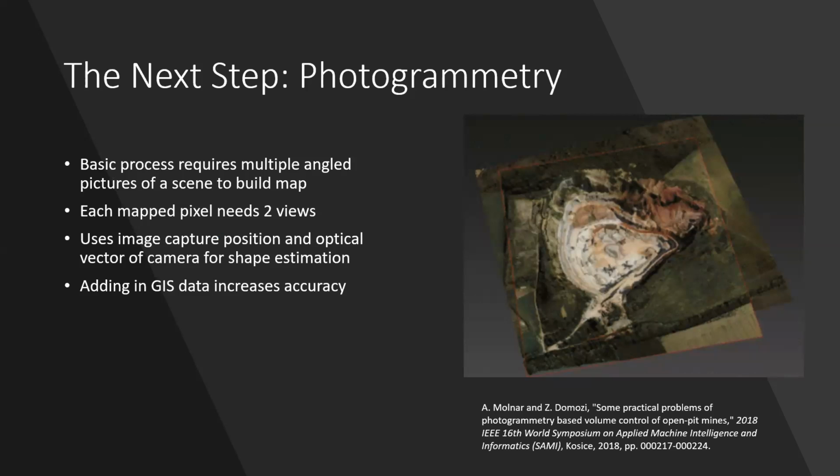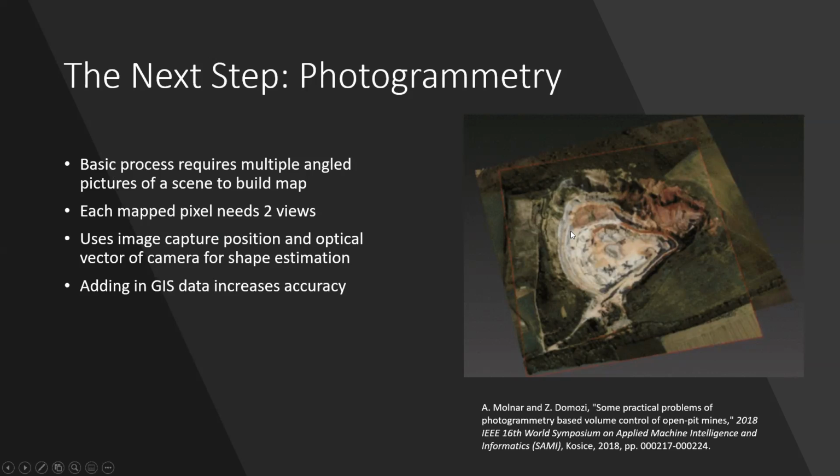And then you can actually go in and add GIS data or land surveying data to increase the accuracy of this land mapping, like how it looks in this 3D space. But as you can see, it does produce a fairly good map, as we can see on the right. And this was actually used for mapping of open pit mines so that they could see over time how the land was changing, which goes back to when we were talking at the beginning about what you might use this for.